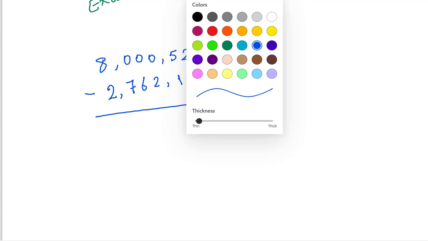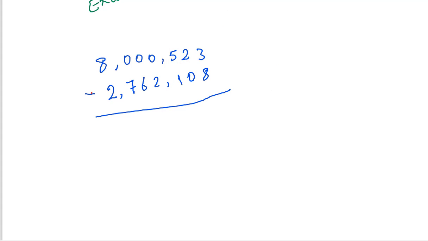Let's start. I will read the second number. The second number here is 2,762,108. And I will start with the estimate to the nearest millions.